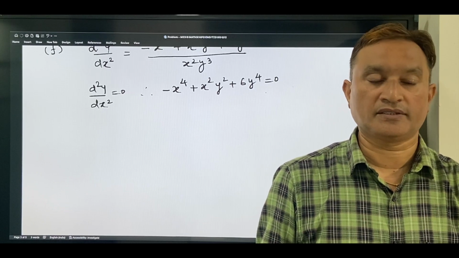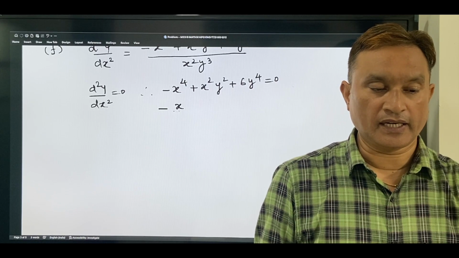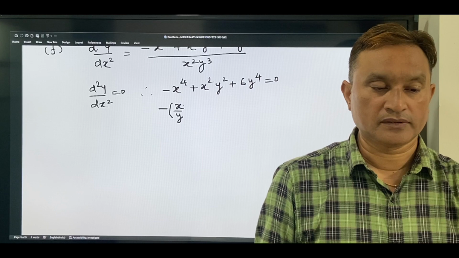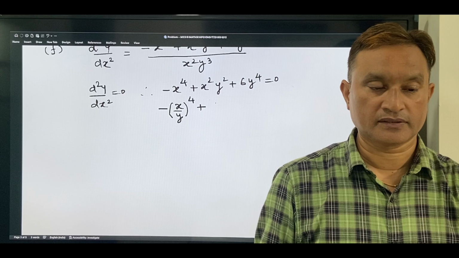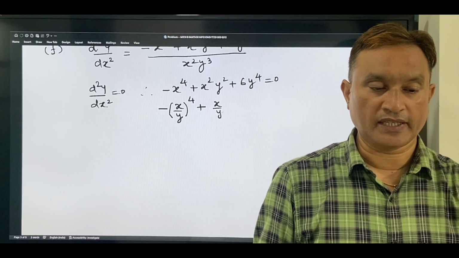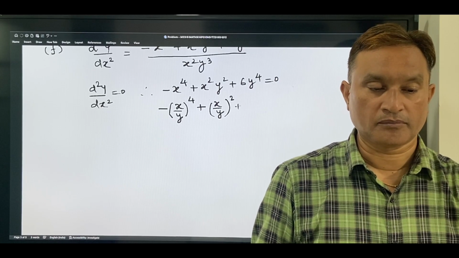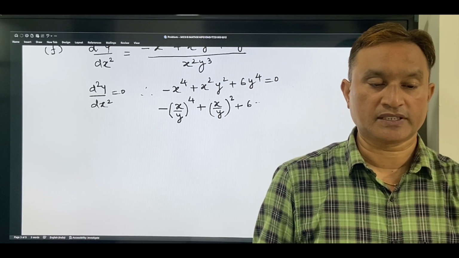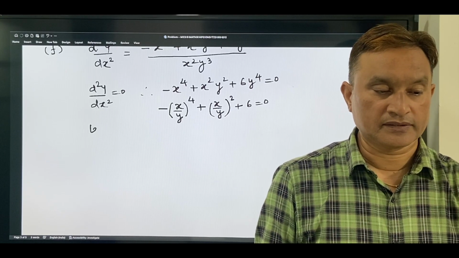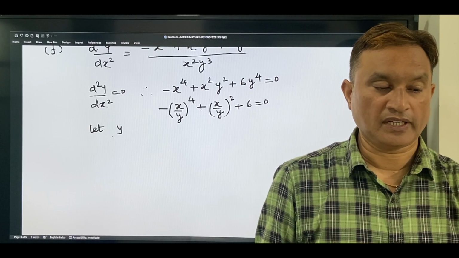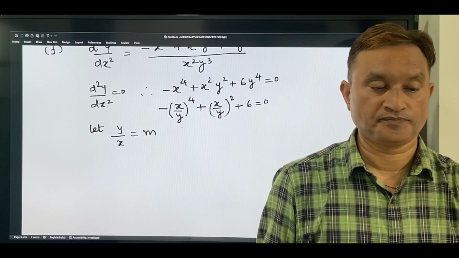Now we will divide by y power 4, so minus (x upon y) power 4 plus (x upon y) whole square plus 6 equals to 0. Let y upon x equals to m.